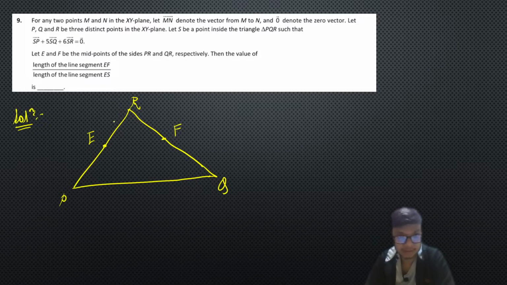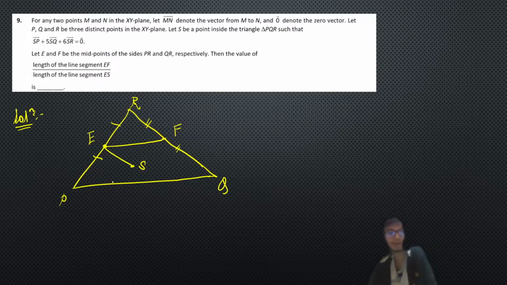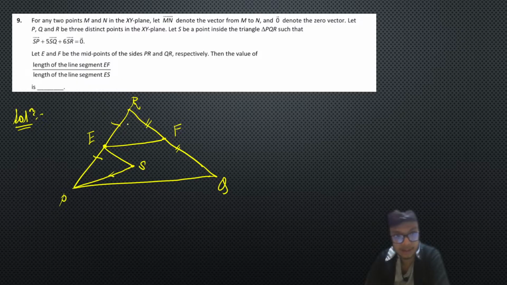Then you have to find the length of segment EF by ES, and S is such a point that SP vector plus 5 times SQ vector plus 6 times SR vector is equal to 0. That's what is mentioned in the problem.